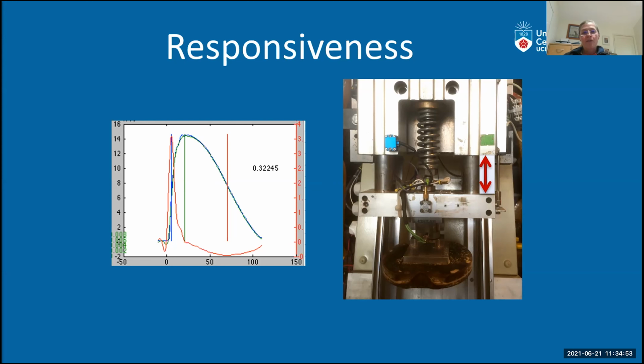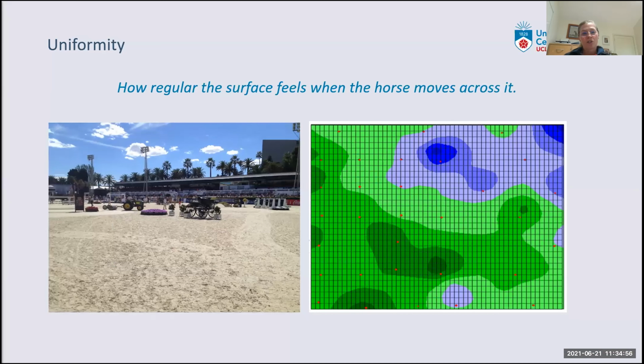So then moving on to the final property, if we're going to look at a surface at one particular time point, and that's uniformity. So how regular the surface feels when the horse moves across it. Obviously the look of a surface is probably going to give you an indication of that.